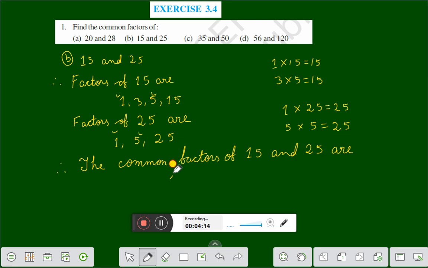Are 1 and 5. Okay, this is the solution of question number B.